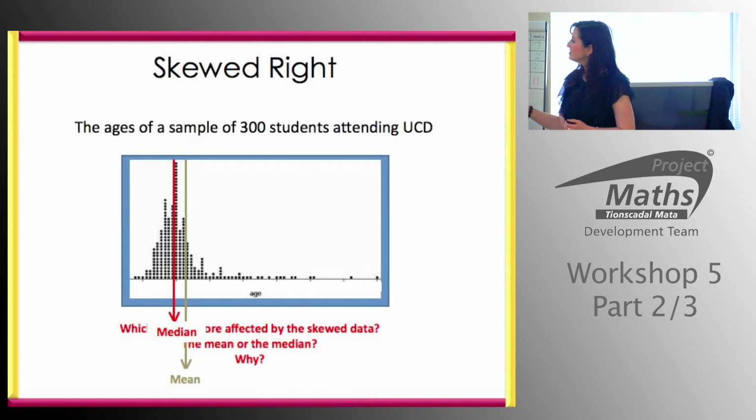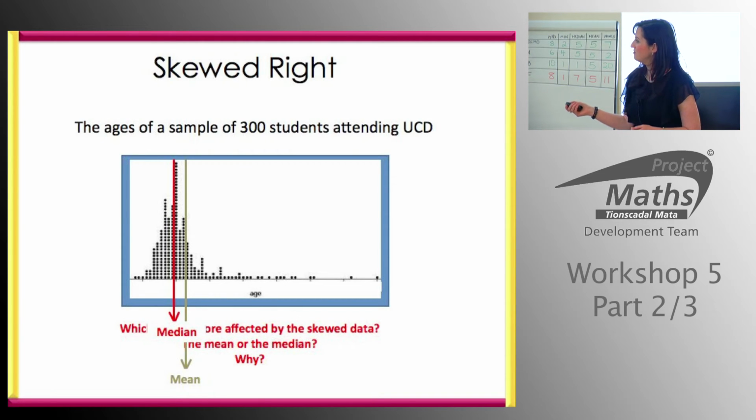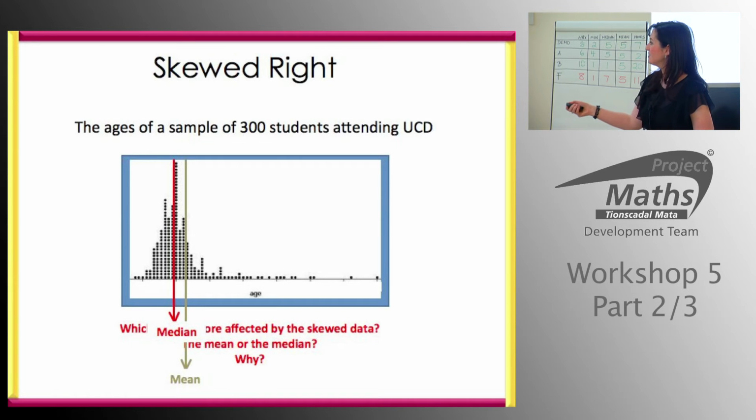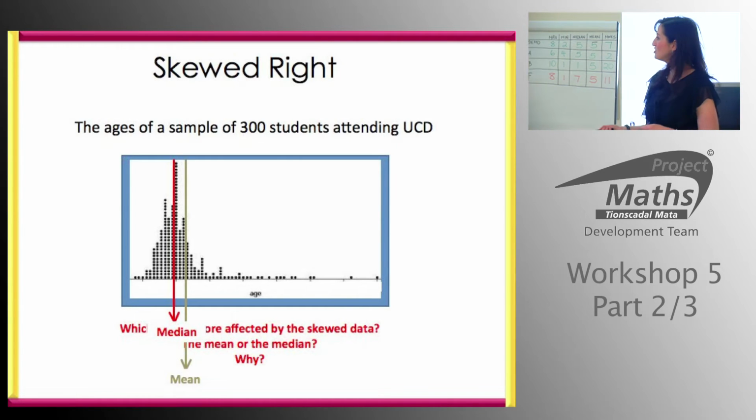So what we say is, doesn't that distribution have like a tail on it? Okay. And because it has like a tail on it, we call this a skewed distribution. Okay. So do you know which way is this skewed? Yeah, it's skewed right. This distribution is skewed right.